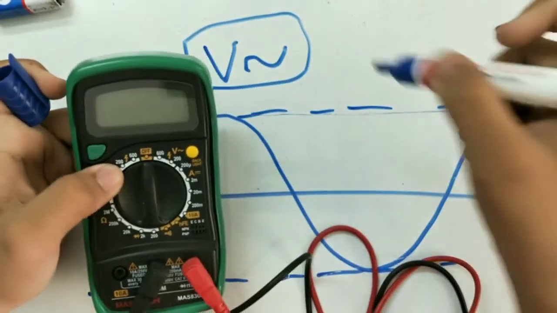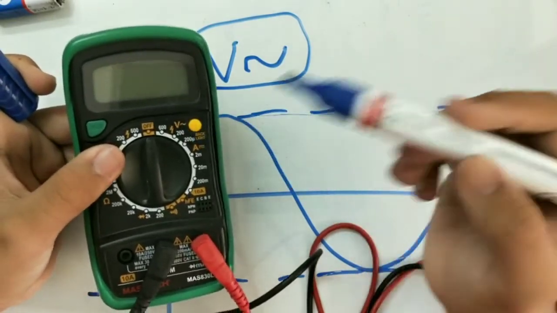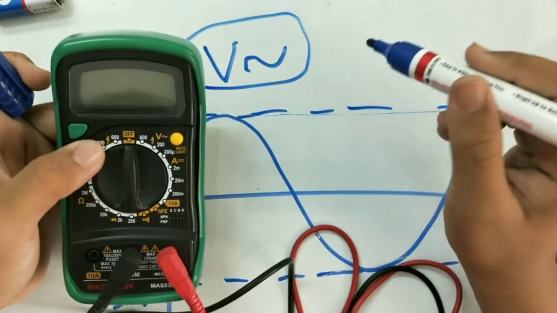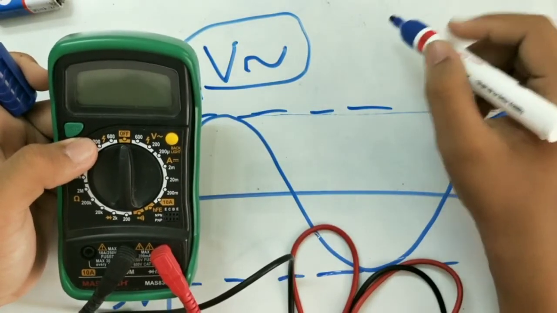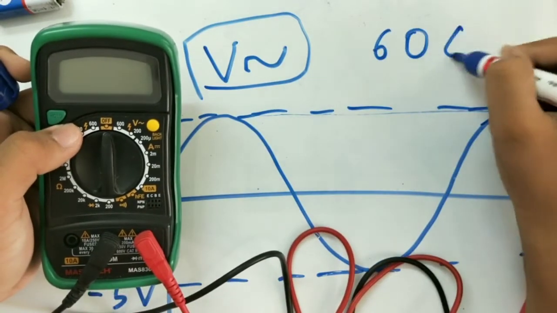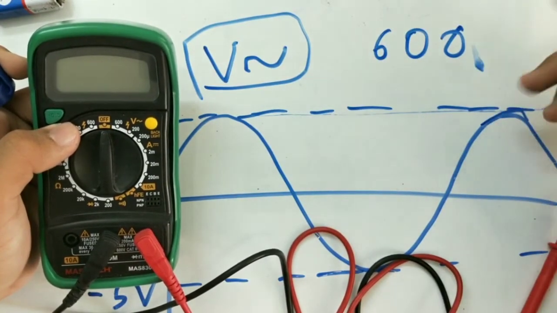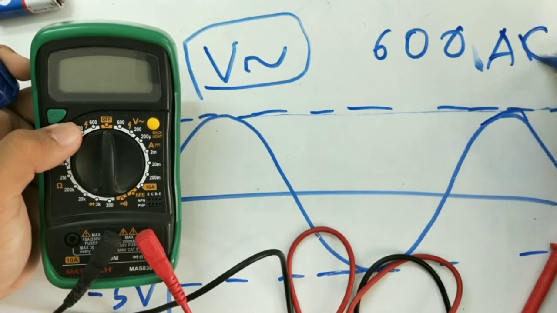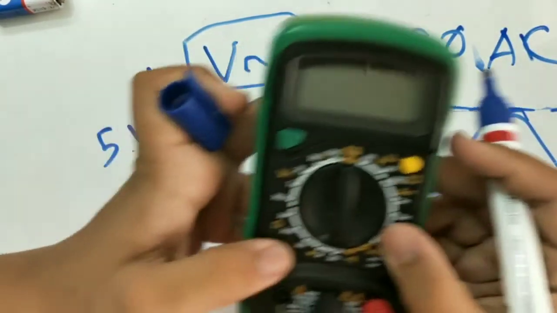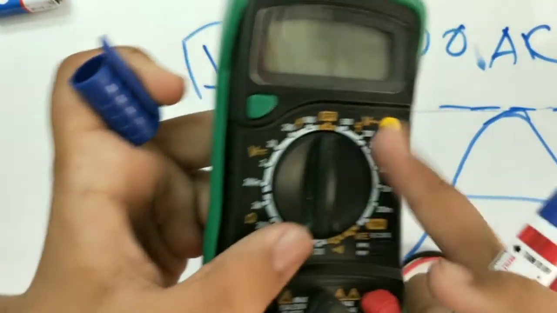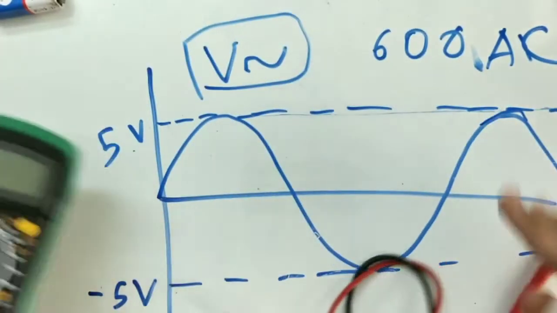This multimeter has two voltage ratings, and it can measure up to 600 volts AC. And for DC it's another simple one.